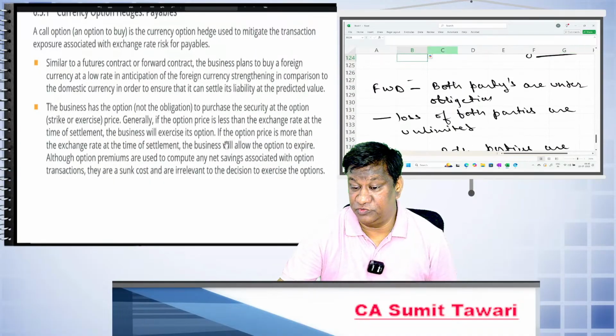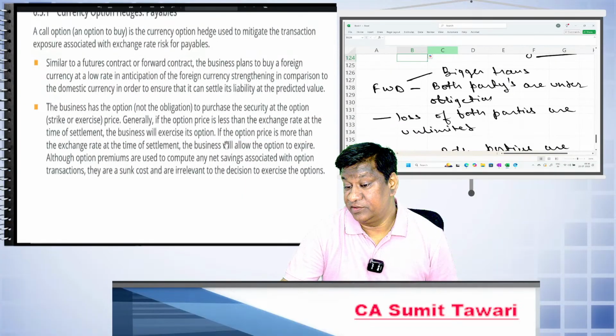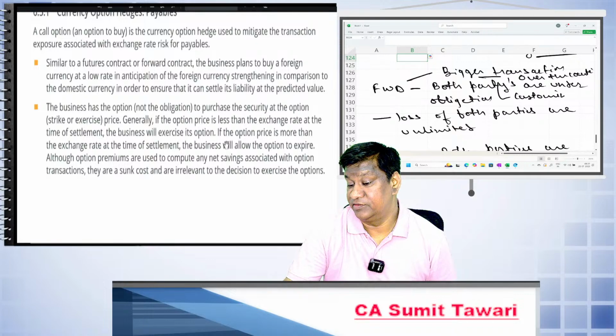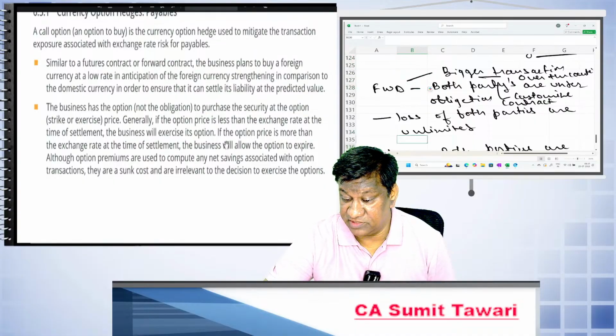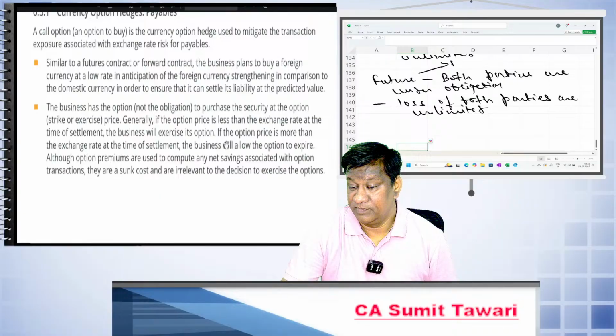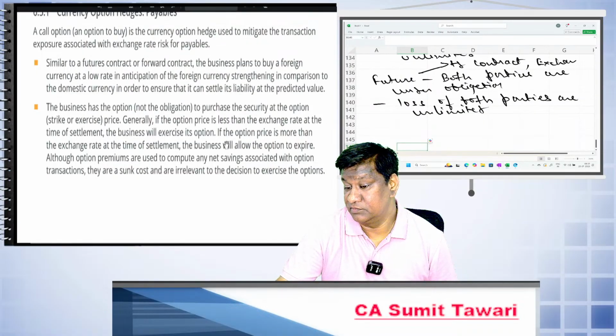Forward is used for bigger transactions, and it is basically over the counter, a customized solution, a customized contract. And in future, it is a standard contract, dealt in an exchange, and mostly used for small contracts.